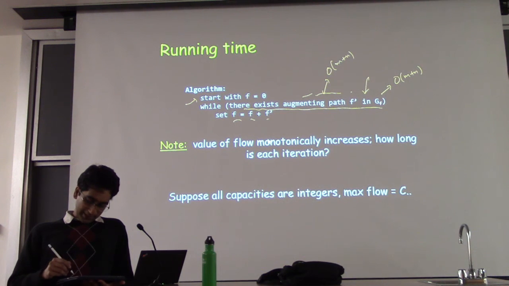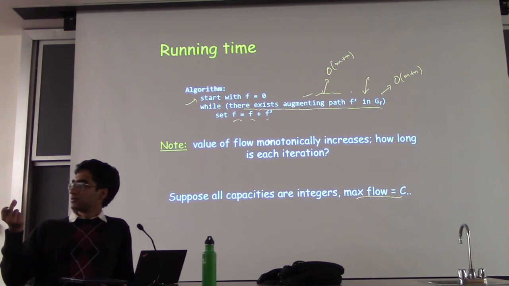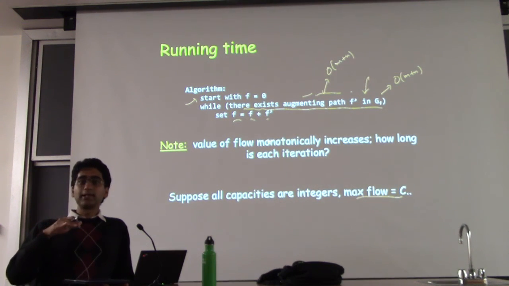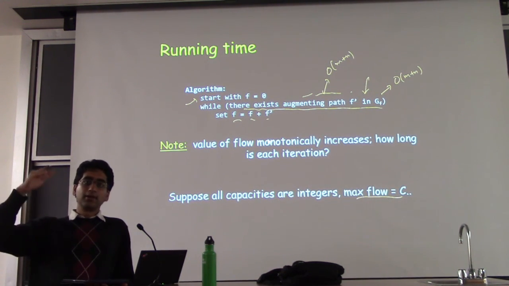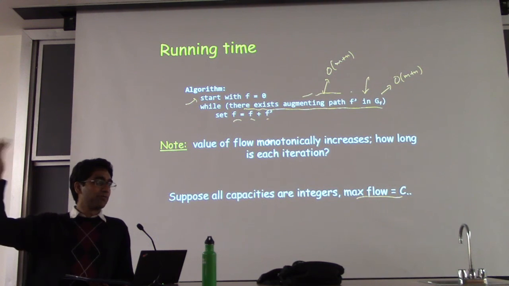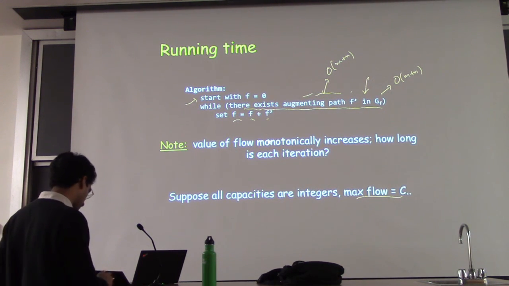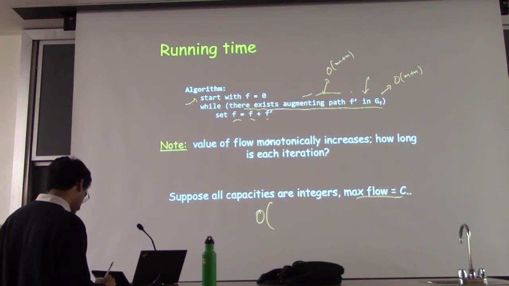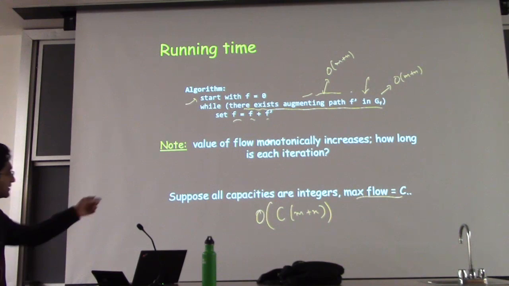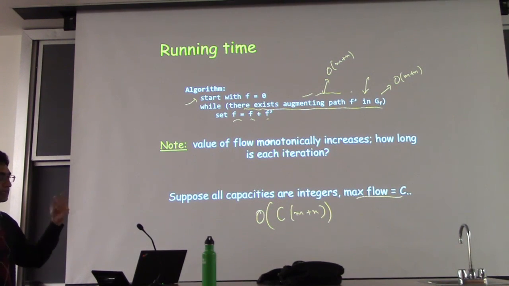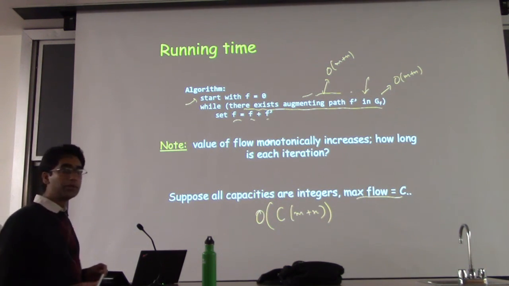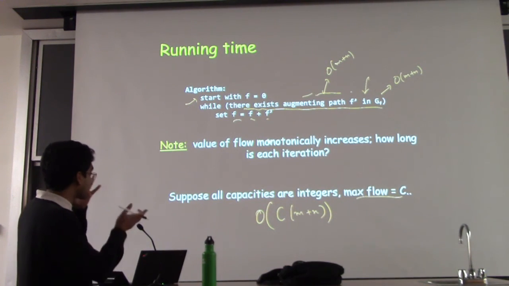If the max flow is C, and all the numbers are integers, then it can only increase from 1 to C in steps of 1. So this gives a very easy bound of O of C times (m plus n), where C is the value of the max flow.